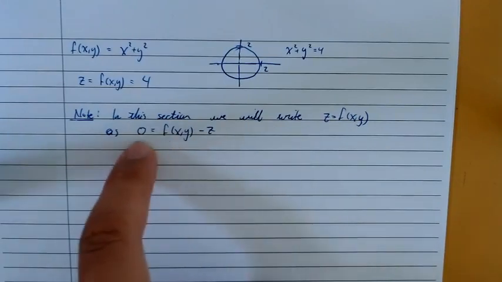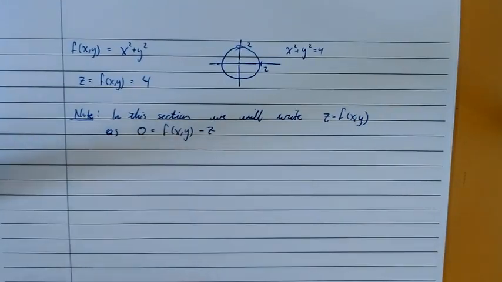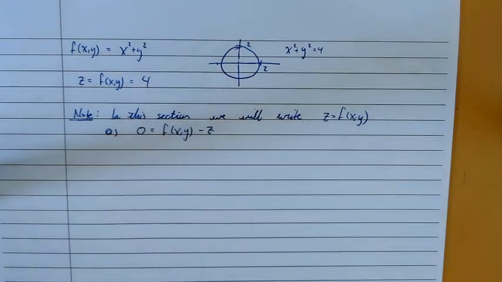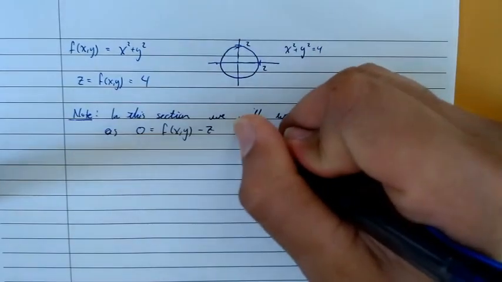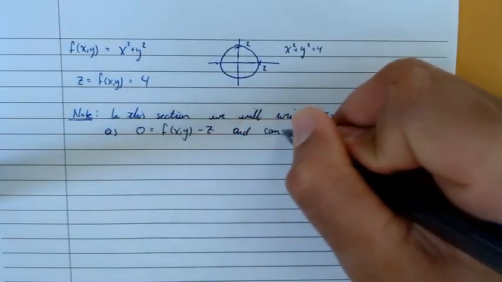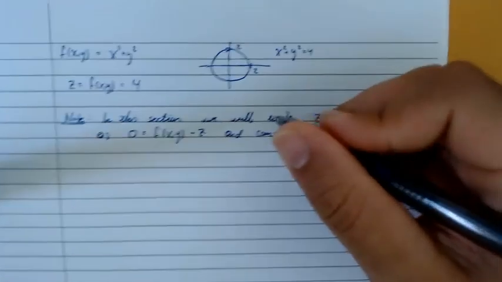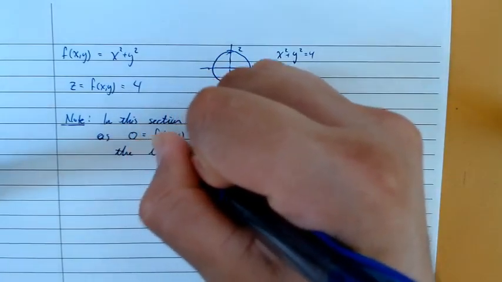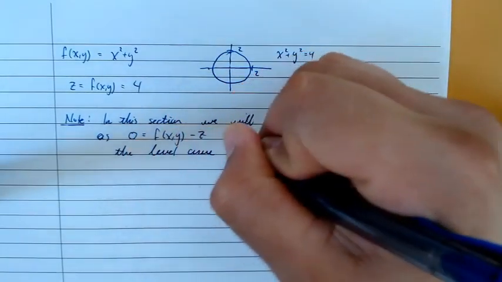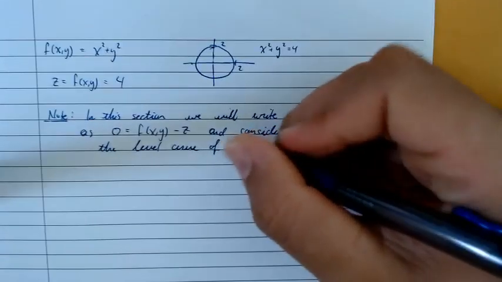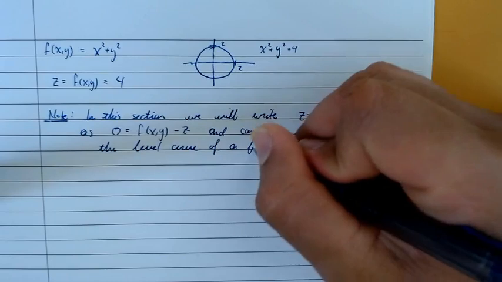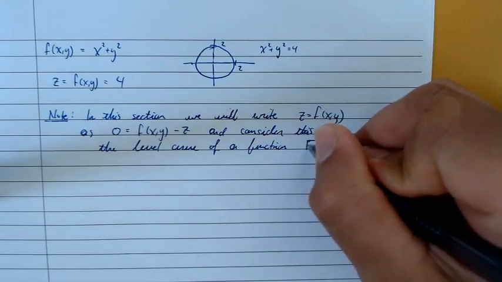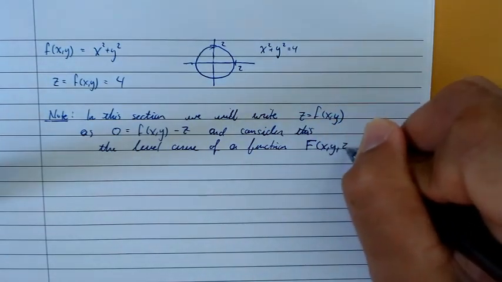And that function of 3 variables is equal to a constant. Oh, so then this would be a level curve of a function of 3 variables. And so we will consider this the level curve of a function, I guess I'll call it capital F, of x comma y comma z.